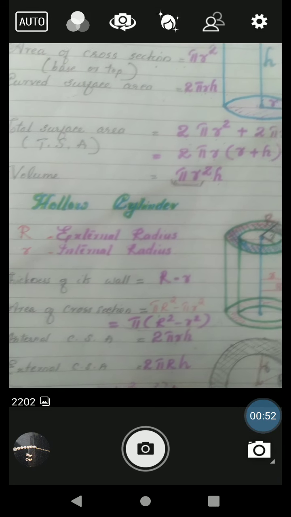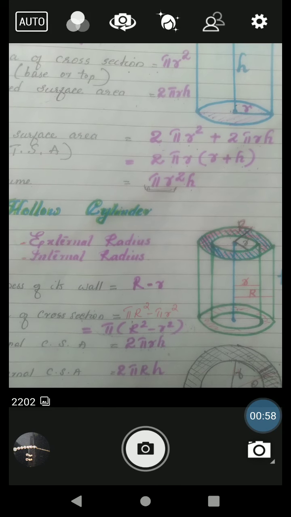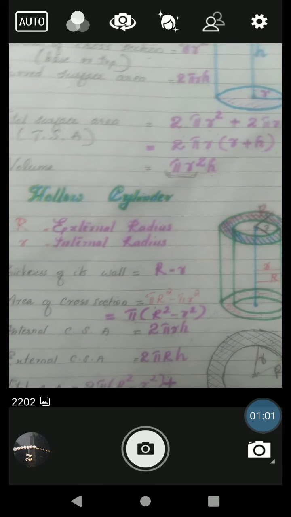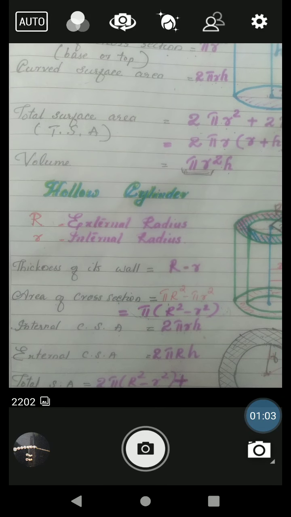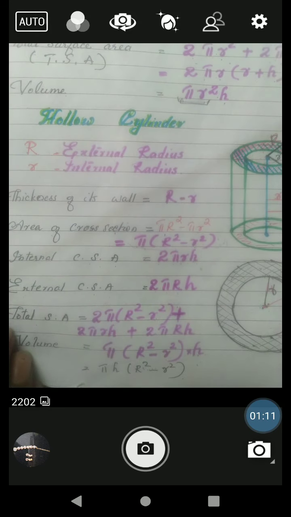In a hollow cylinder you can see two radii, the external radius and the internal radius, and the thickness of its wall is external radius minus internal radius. We have already discussed all these formulae.